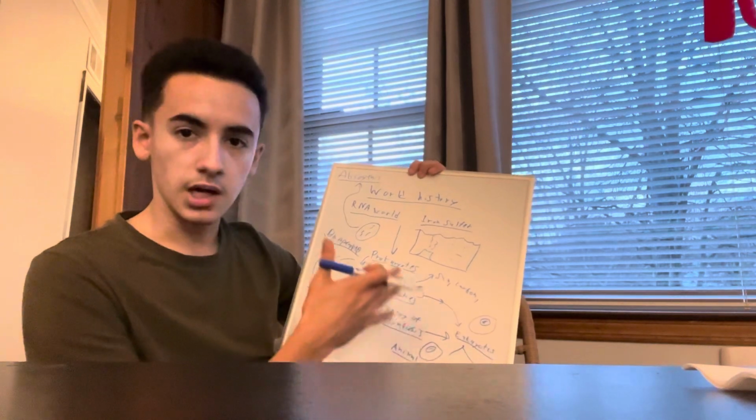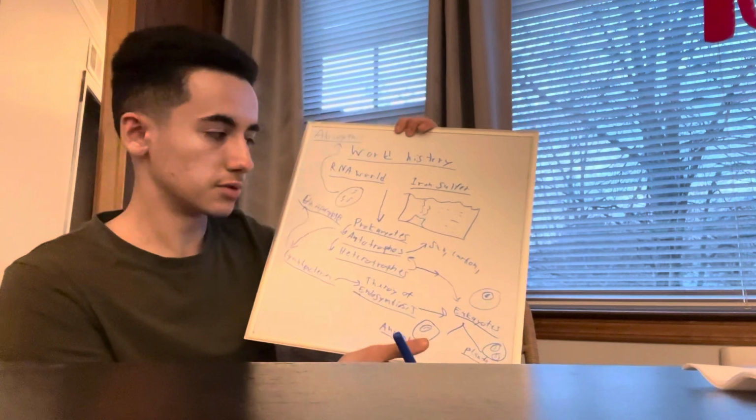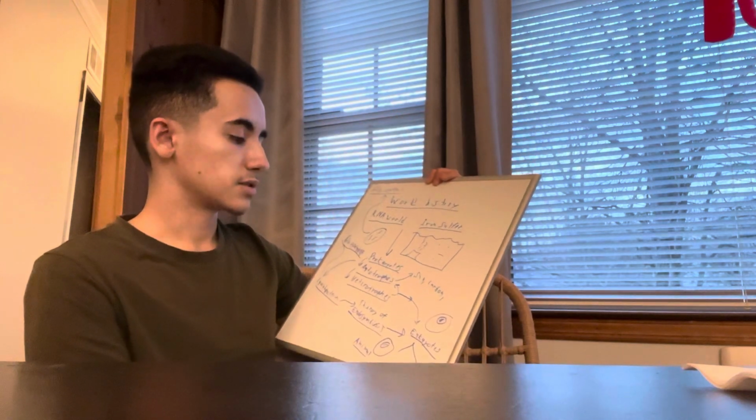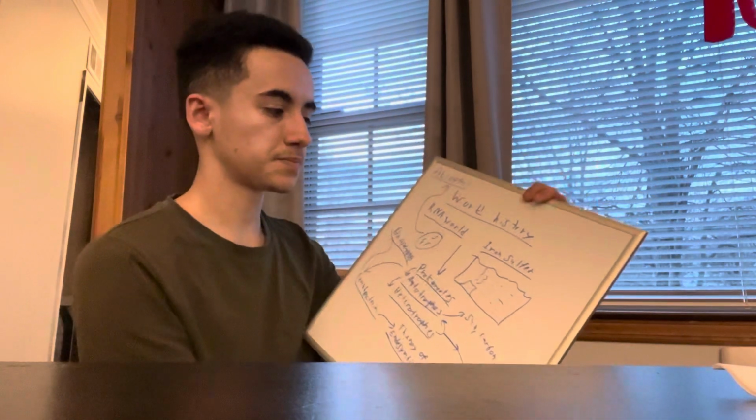And after I've gone over this organizer with students, I will ask them to create their own organizer on the next topic that we'll be going over. And after they have done that, I will go over their own organizers to see if they have anything wrong on them.